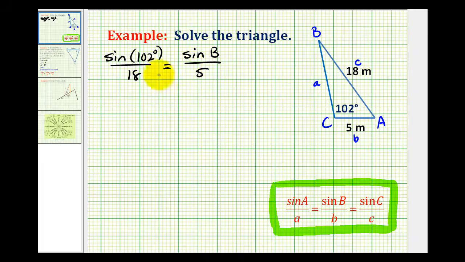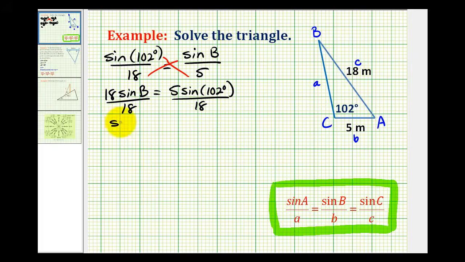Now we'll cross multiply and solve for sine B. So we have 18 sine B equals 5 times sine 102 degrees. Let's go and divide both sides by 18. So we have sine B equals this quotient. Let's go and determine this quotient on our calculator.